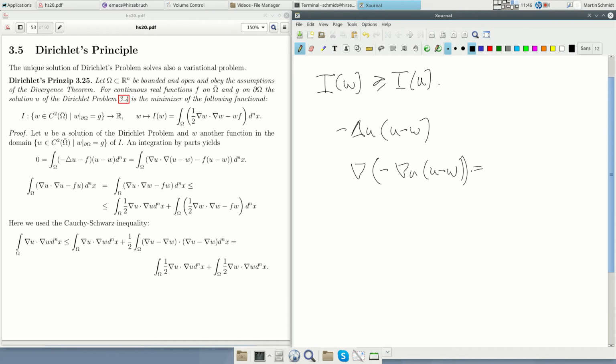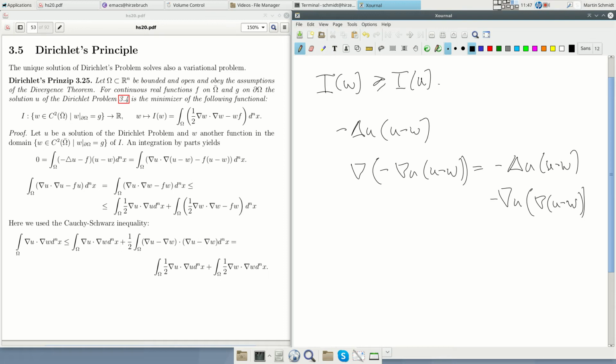If we calculate this, then we first get minus Laplacian u times u minus w. So this is the term which we have. And here we get minus gradient u times gradient of u minus w. So this is the second term.